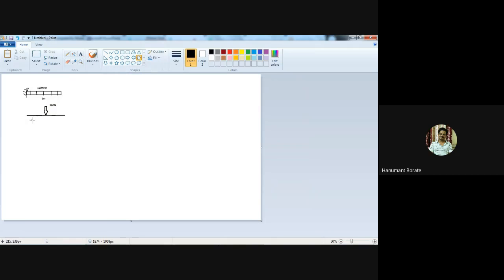So we need to take three reactions. One vertical, another horizontal, and third is the moment. Here I assume that the moment is anti-clockwise. You can take clockwise also, no problem. But the beam is going to bend in the downward direction, for that purpose I have taken it in the anti-clockwise direction.